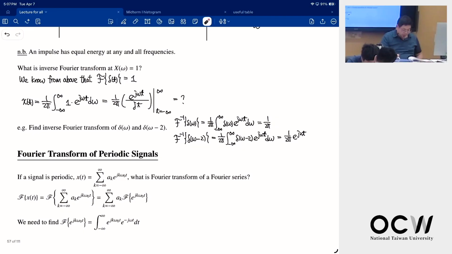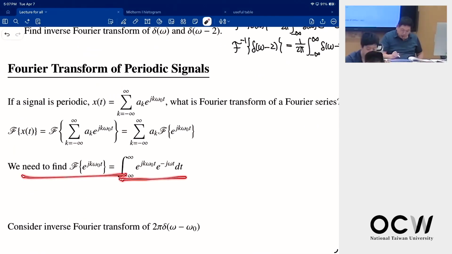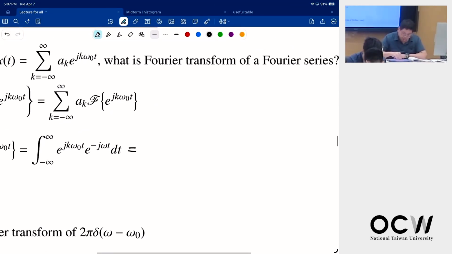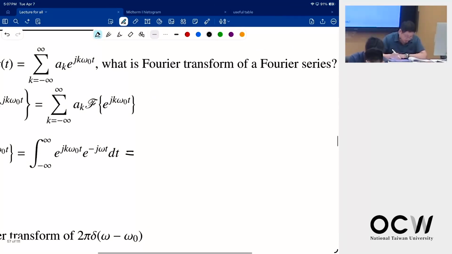But here, exponential and exponential, we combine it. And then you take the integration.